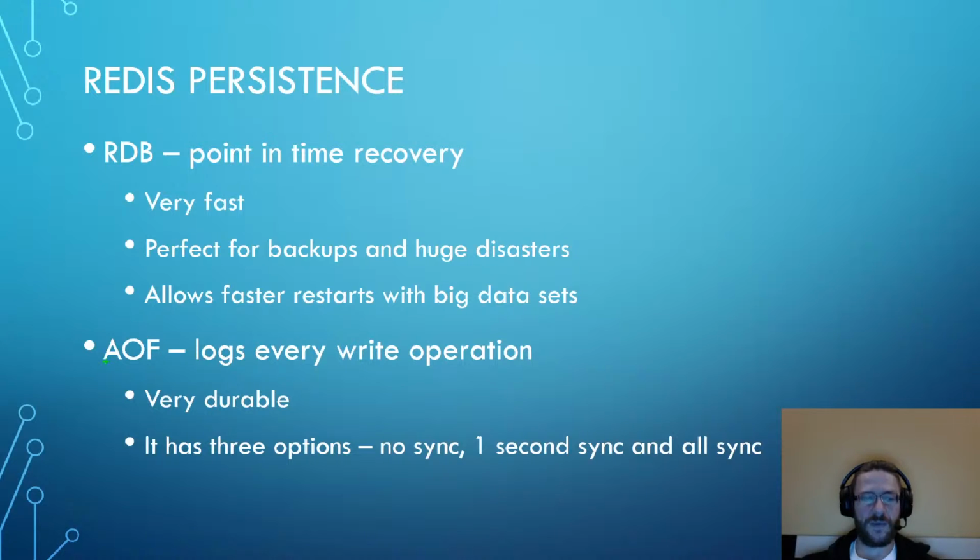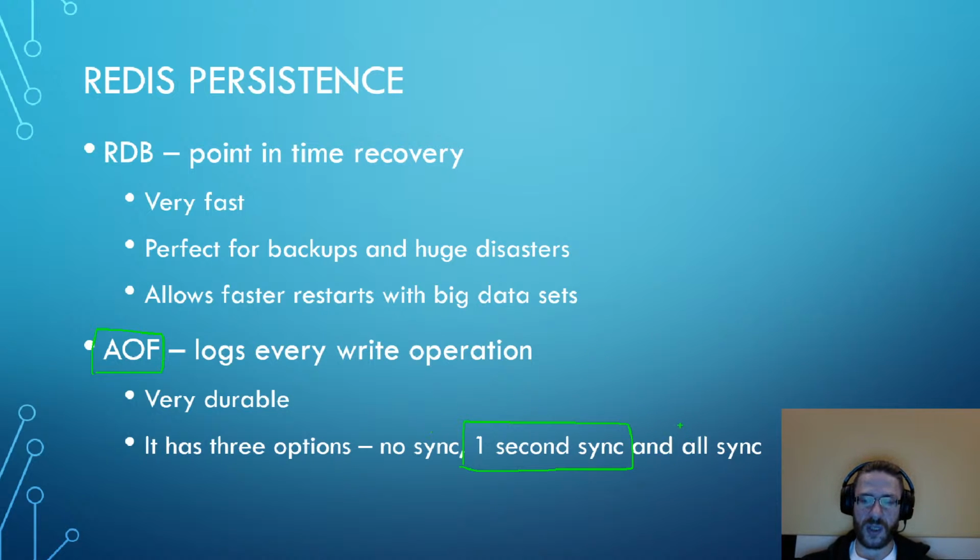This means that if you turn on AOF for every second, you will lose at most 1 second of data. And you will need to decide whether that's good enough for your business case. Most of the time it's good enough. 1 second of data loss, it's not that much. But it depends on the business case.